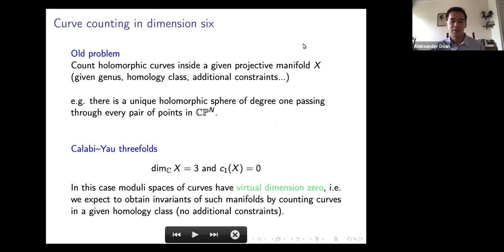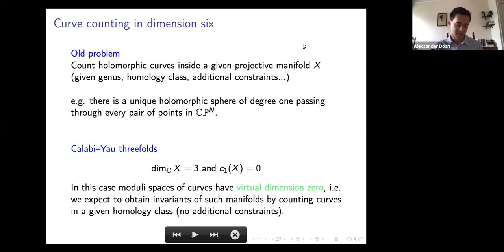So this is an old problem. If you give me a complex projective manifold X, you're interested in how many holomorphic curves there are in that manifold, perhaps of given genus and homology class. You can put some additional constraints, for example, consider only curves that pass through certain points or other submanifolds.